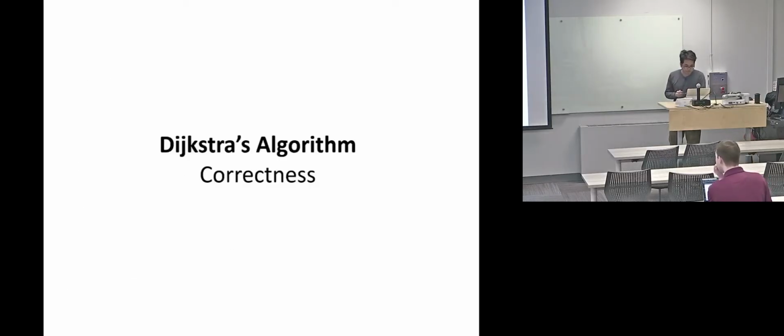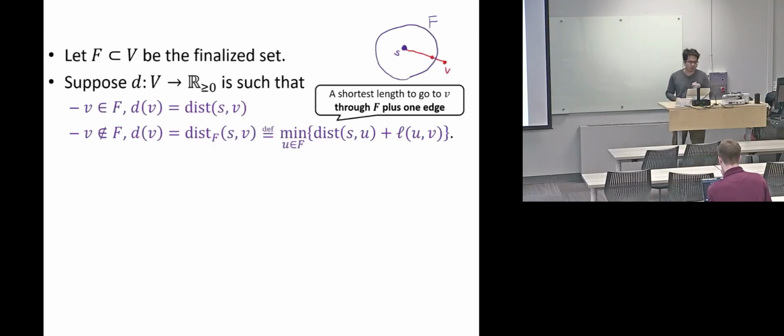Okay, so how to formalize this? Well, I'm going to need some concepts. F is the finalized set that we defined in the algorithm, and what we try to do is maintain this thing.